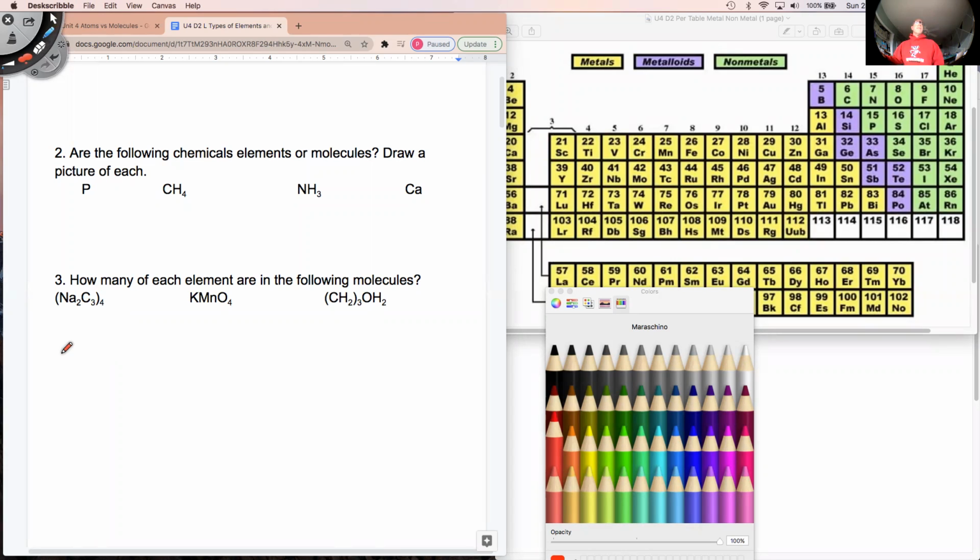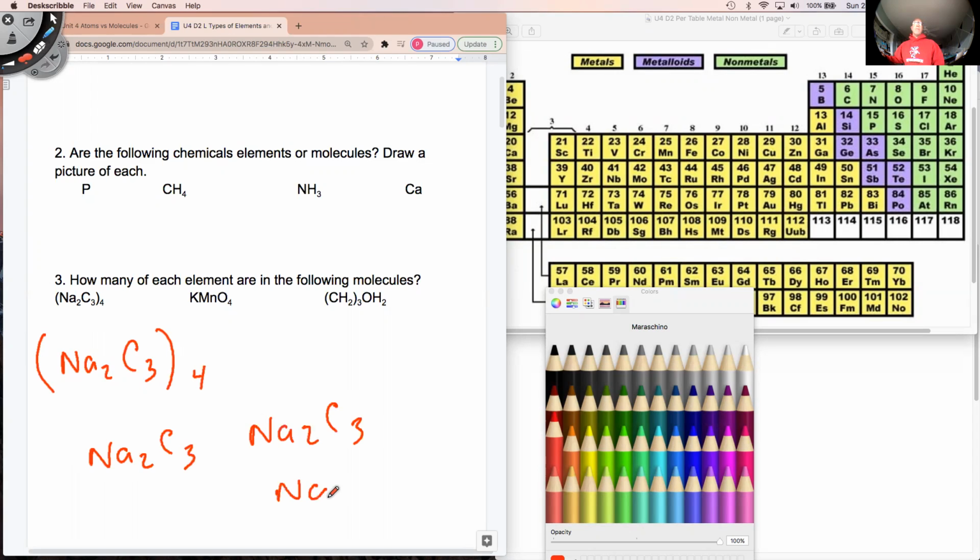So we have Na2C3, and we're in parentheses. There's a 4 outside these parentheses, which means we physically have 4 of these compounds. There's an Na2C3, an Na2C3, and another Na2C3.